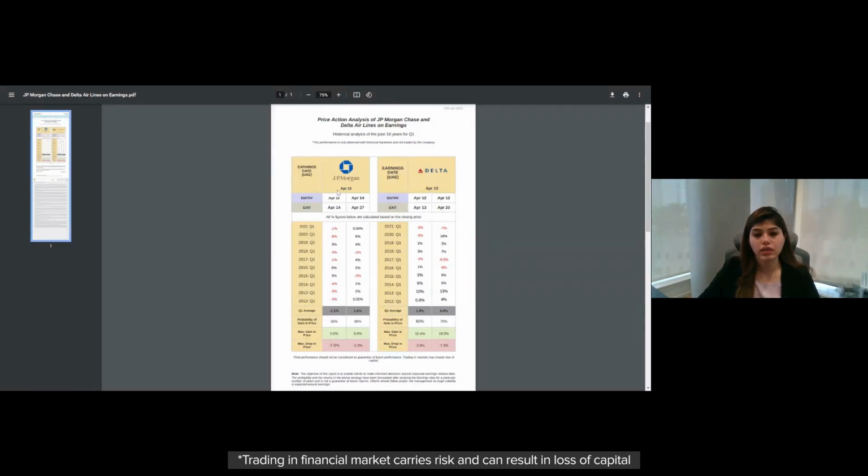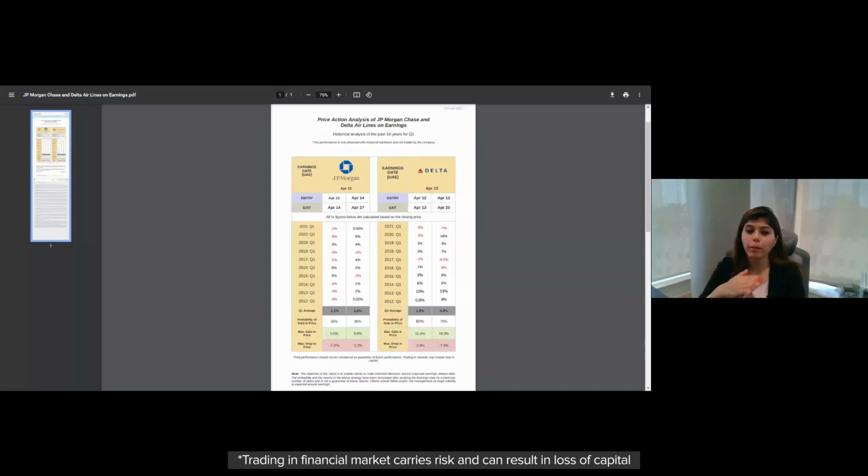Now, what we have done is we have seen historically, when the company has reported their earnings, if you bought the stock one day prior and sold it a day later, how did the stock price react? And we've done this for every Q1 in the last 10 years. So we are doing a year over year comparison.